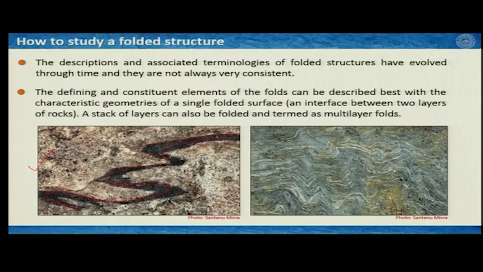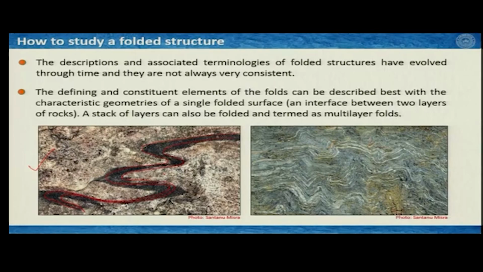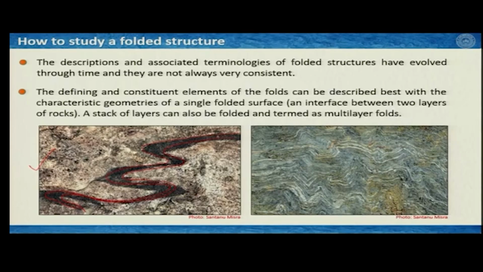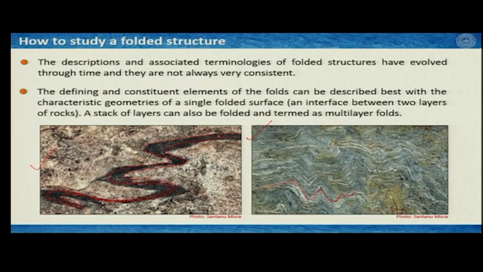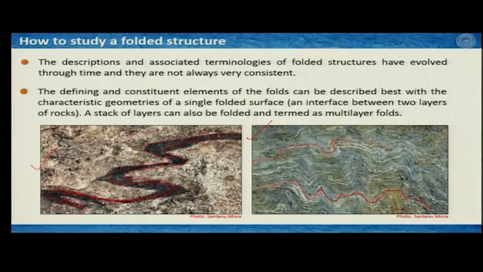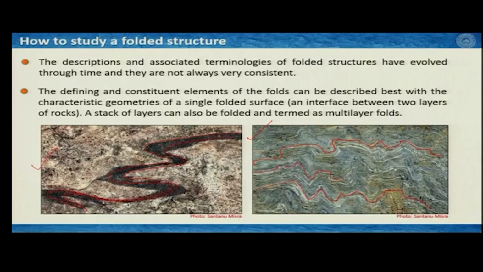If we study this folded layer, then we can figure out the deformation of this area, but that is not always the case. Sometimes you find a stack of layers that can also be folded, and in that case we term them multi-layer folds, which is the second image we see here. You see alternate bands of metamorphic foliations, and this layer got folded like this, then this layer got folded like this, and the layer in between got folded like this.